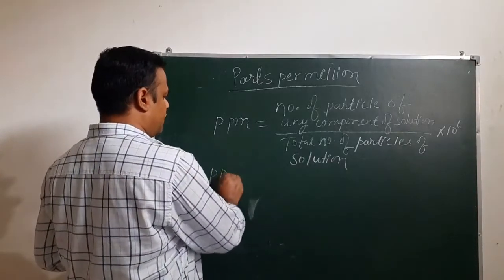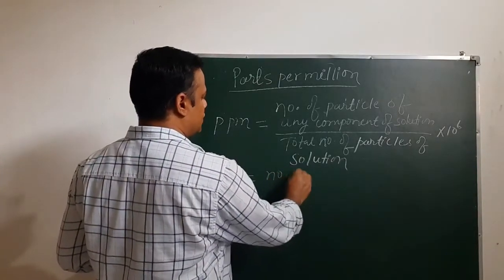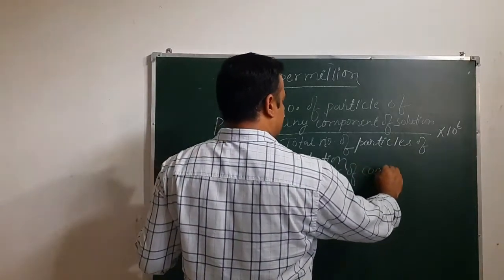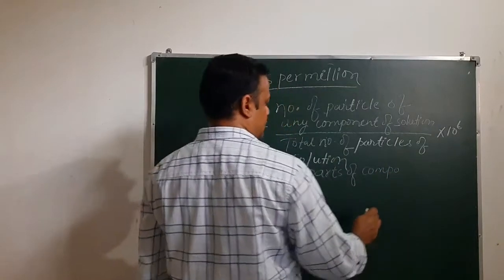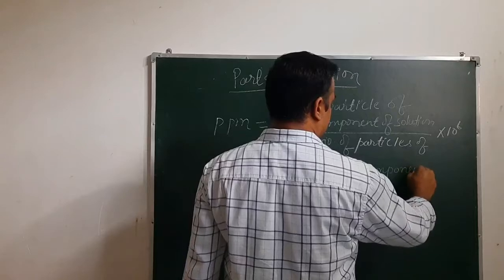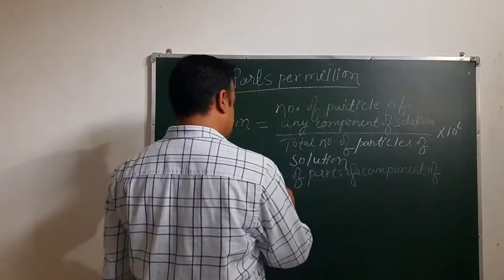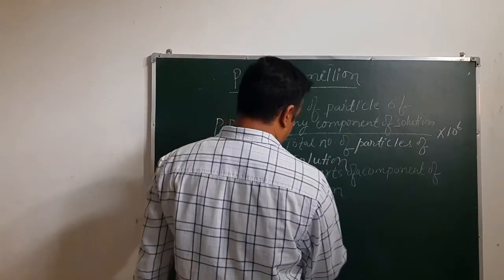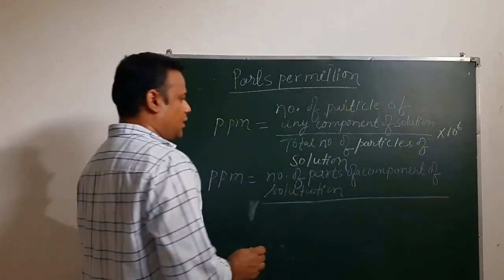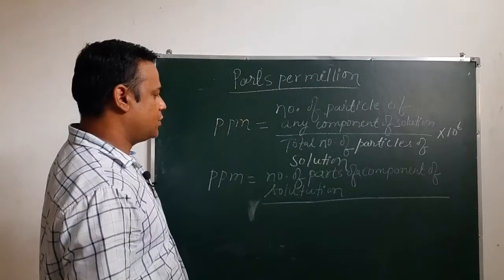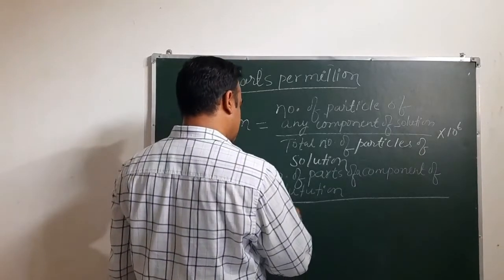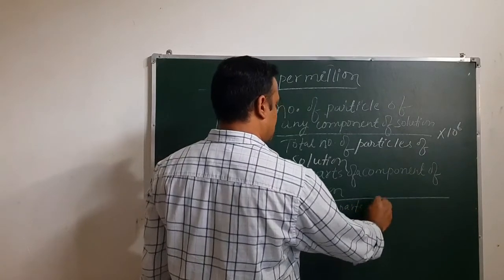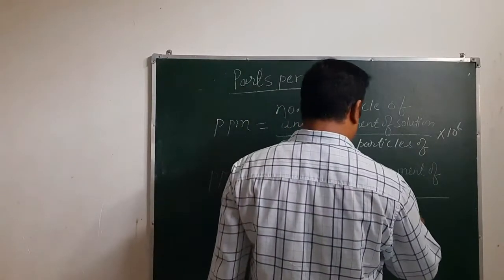And ppm can also be defined as number of parts of a component of solution divided by total number of parts of all components of solution.